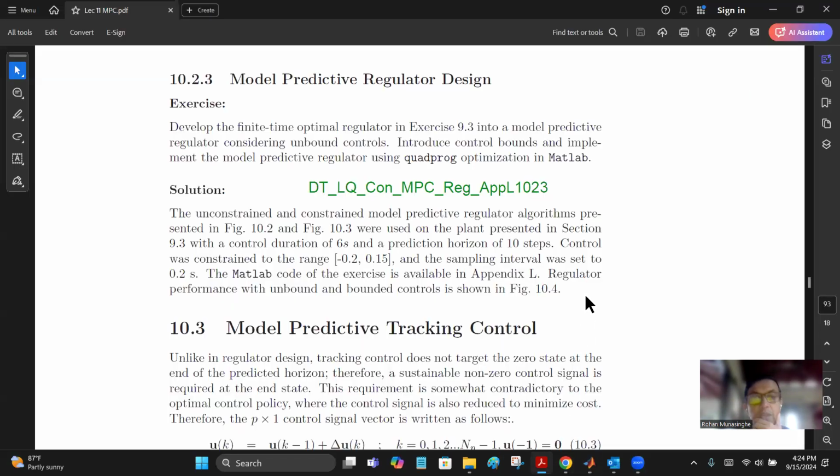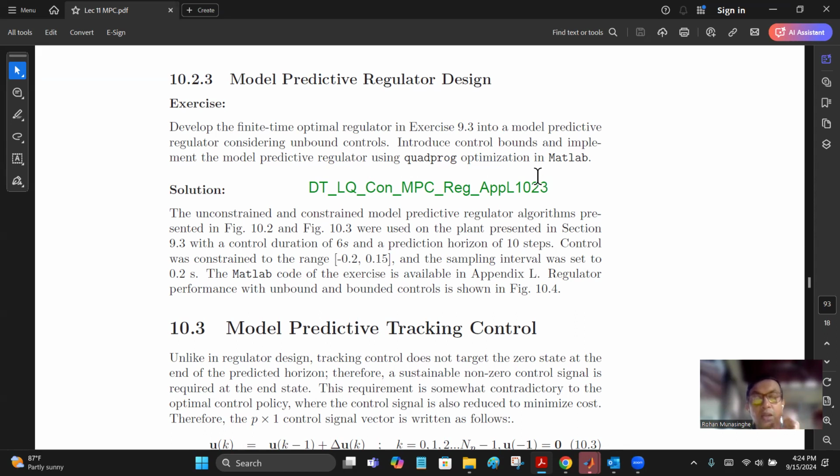While it is running, let me get back to the exercise. Develop the finite time optimal regulator in exercise 9.3, the previous one, into a model predictive regulator considering unbound controls. Introduce control bounds and implement the model predictive regulator using quadprog optimization in MATLAB. So there are two things here.